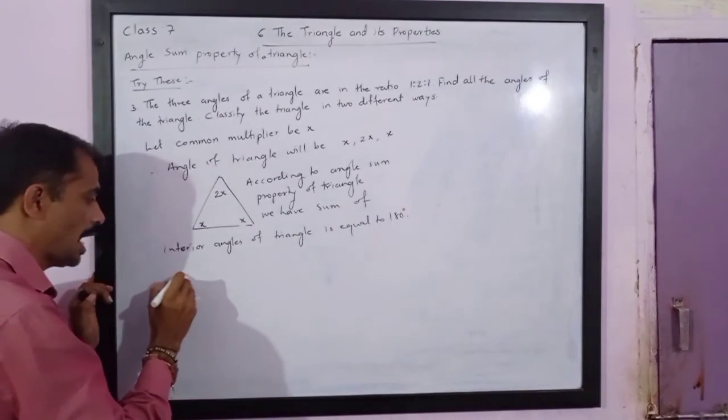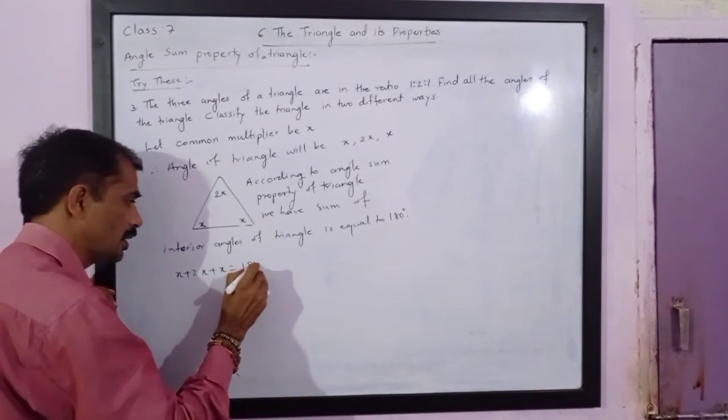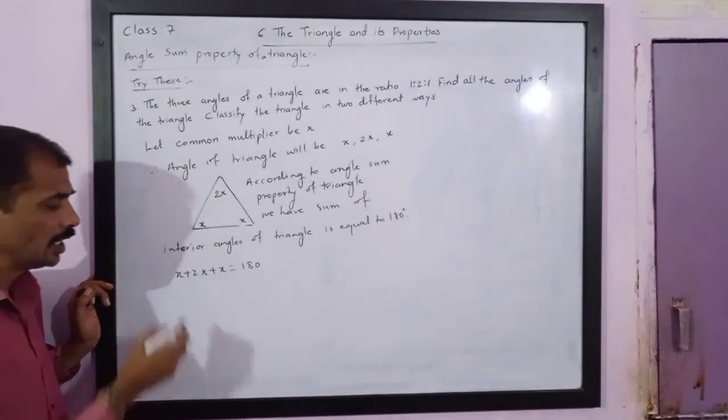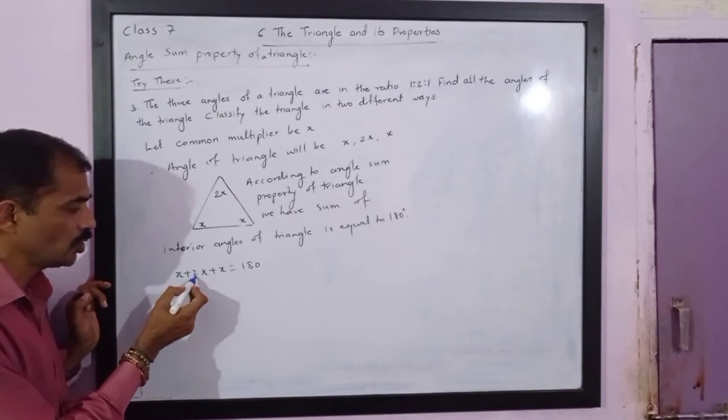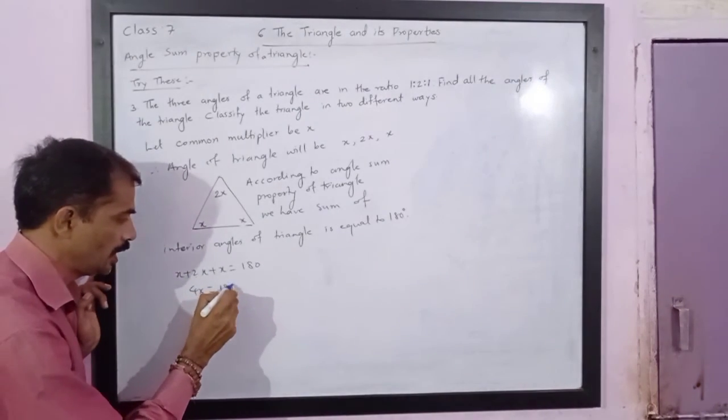It means x plus 2x plus x equals 180 degrees. Now watch carefully. This x is 1x plus 2x is 3x plus 1x is 4x. So 4x is equal to 180 degrees.